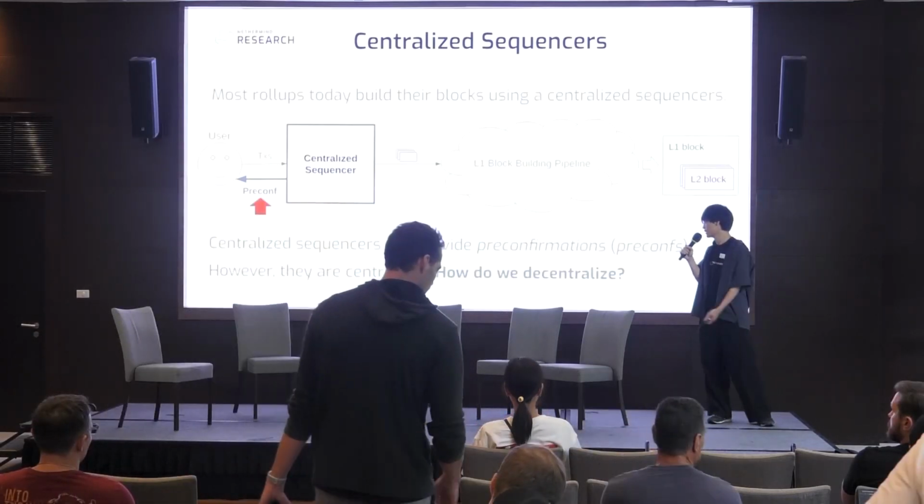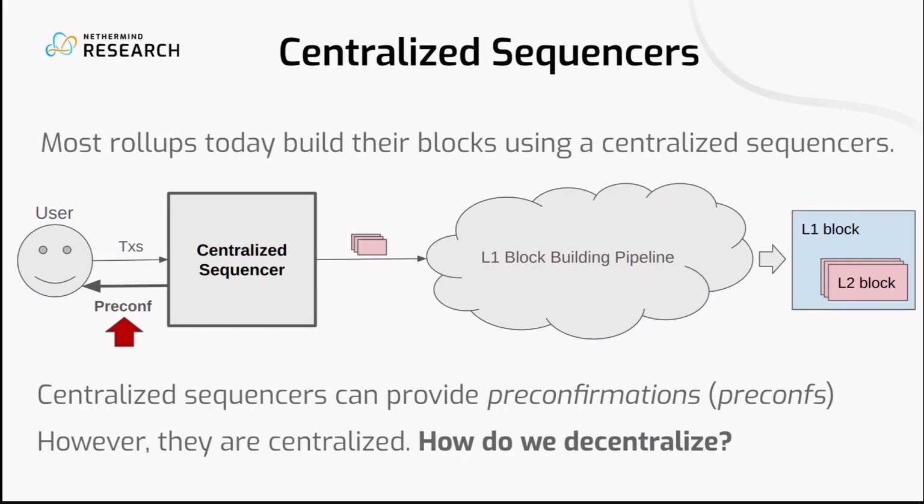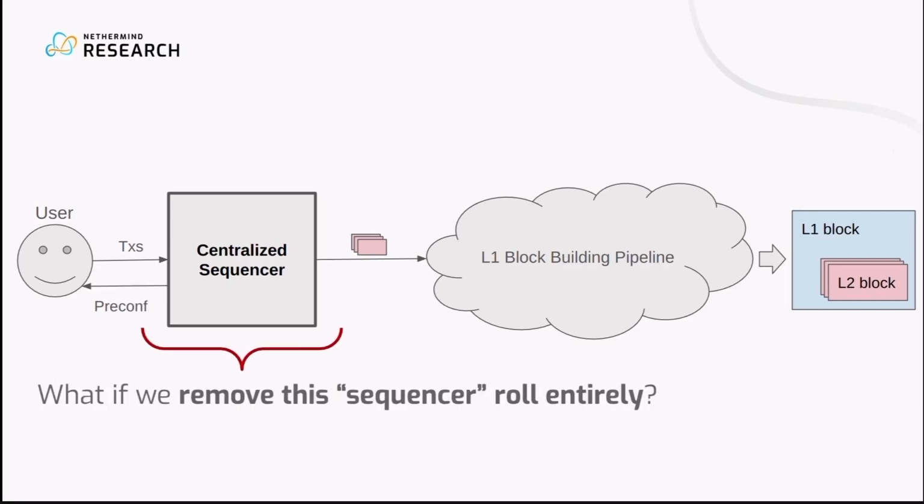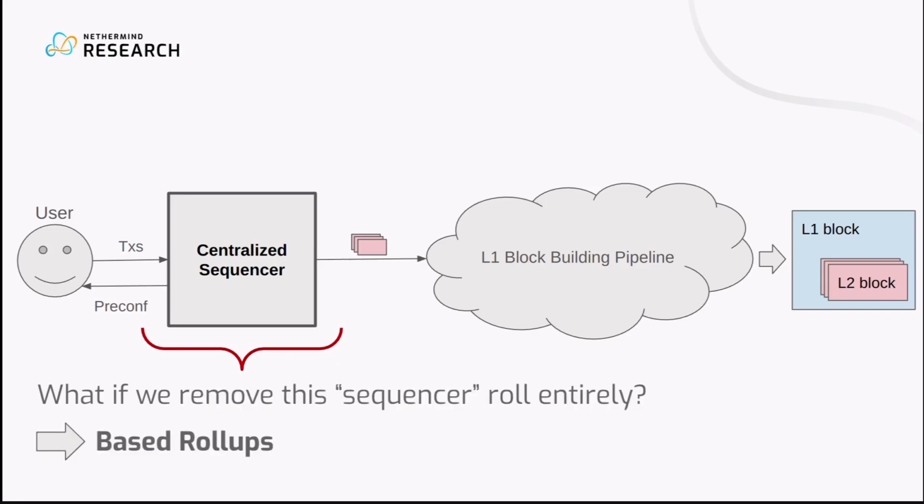However, they are centralized. So a big question in L2 is how do we decentralize the centralized sequencer? One idea here is, what if we just remove this centralized sequencer role entirely? And this leads to the idea of based rollups.